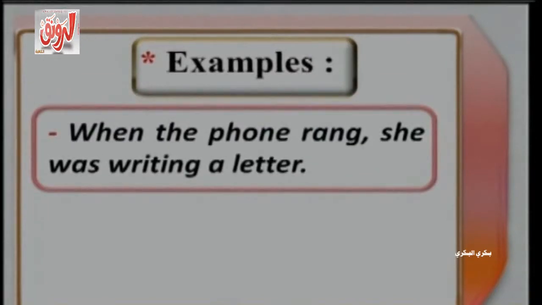See the example again: when the phone rang, past simple, she was writing a letter, past continuous, linked together by when. This is one way of using the past continuous to show that there are two actions, one longer and the other shorter.